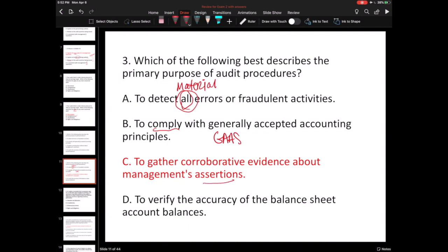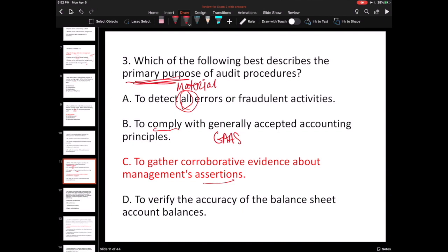It is good to be in accordance with regulations. I should also be in accordance with regulations, but that's kind of just a given. It is not the primary purpose of an audit procedure, right? It's more of a given background thing.